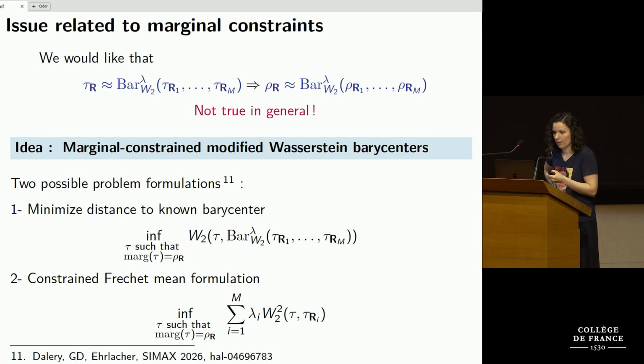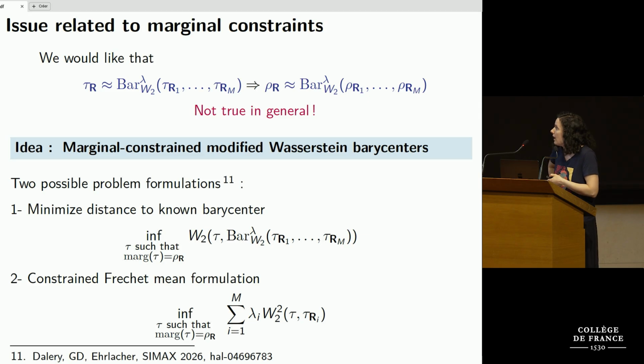And so what we developed was a marginal constraint, modified Wasserstein barycenter. There were somehow two natural formulations for this.